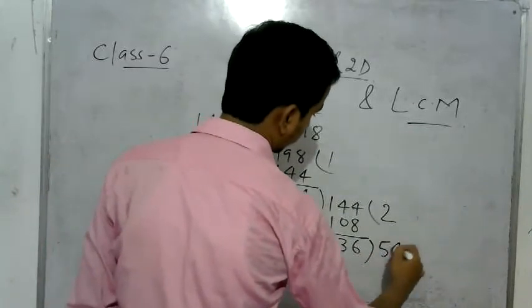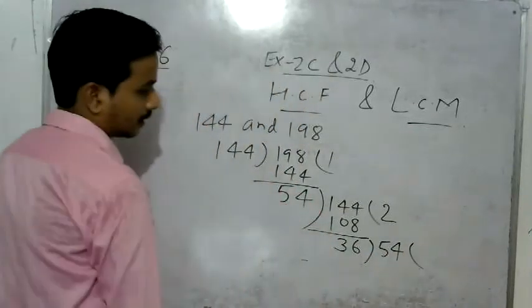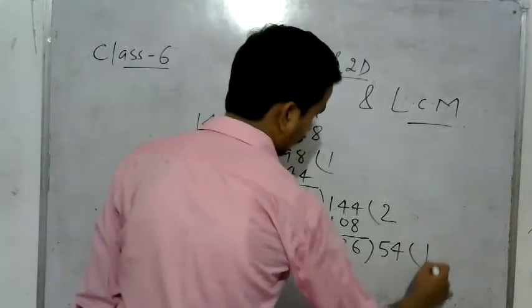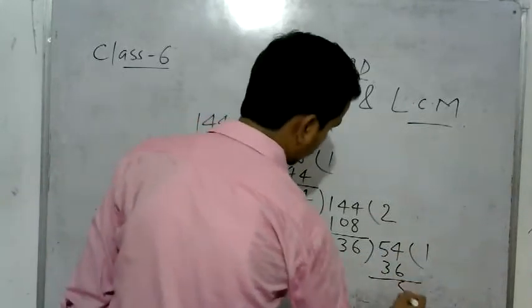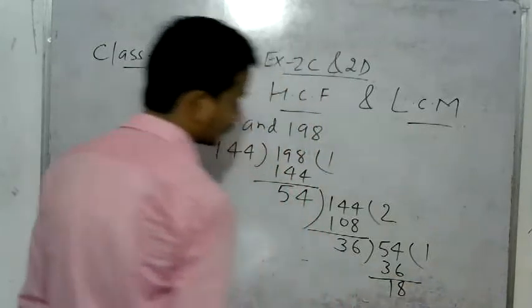Now again divide 54 by 36. How many times? 1 times 36, leaving 18.